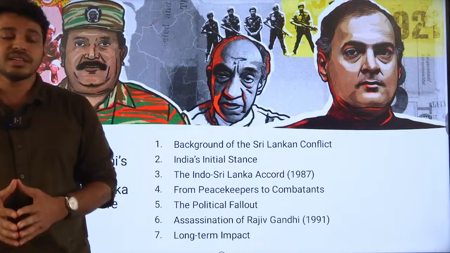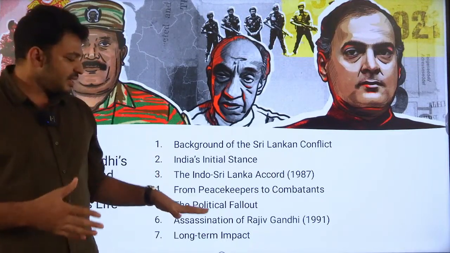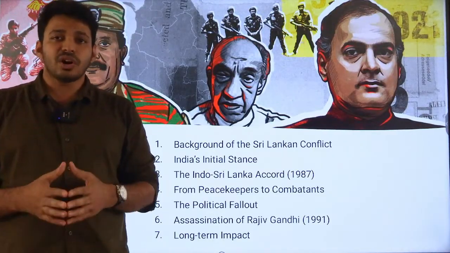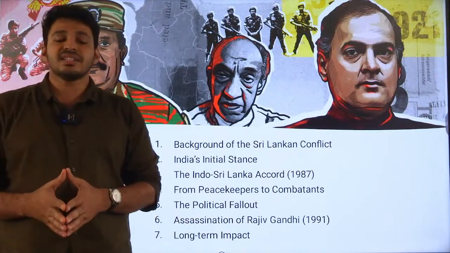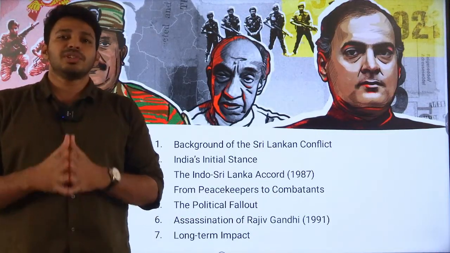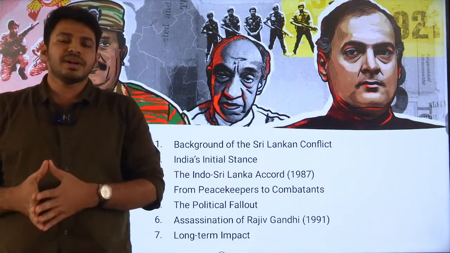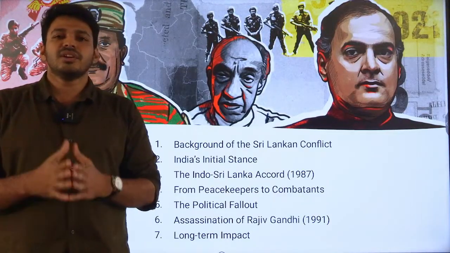That episode has been termed India's Vietnam. After this, a political fallout happened in both Sri Lanka and India. Rajiv Gandhi lost the election, and later he was assassinated in Sriperumbudur in Tamil Nadu, where suicide rebels blasted and Rajiv Gandhi got assassinated.